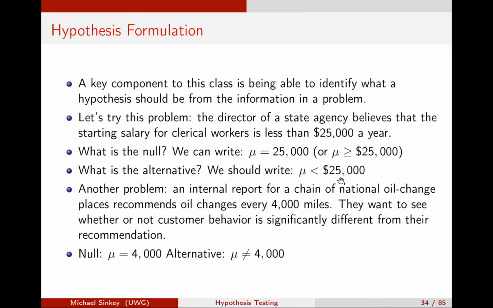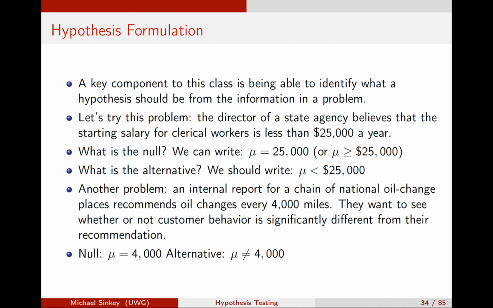For the null, I should write mu greater than or equal to 25,000. So this less than is a context clue that tells me an alternative. The null is everything else. And maybe in stats 1 you just used equal in the null, but I would like us to move toward using greater than or equal if we can. So this is a one-sided left alternative hypothesis.